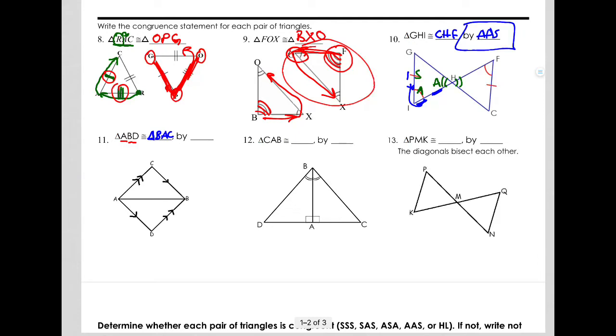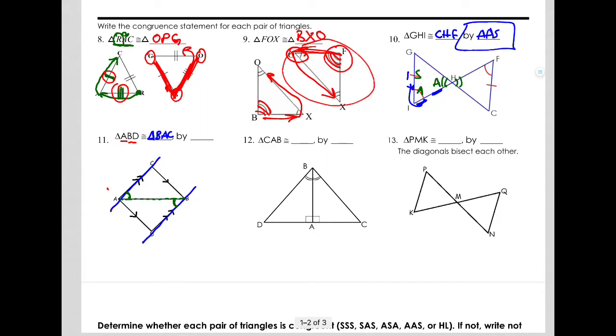Alright, so whenever you have parallel lines, though, you should know you have alternate interior angles. So for instance, these 2 sides are parallel. So if you have this line that's intersecting your parallel lines, you have alternate interior angles. So anytime you have parallel lines, you have alternate interior angles.